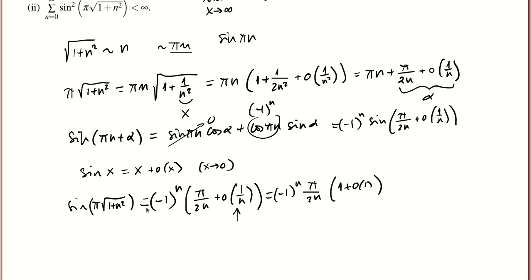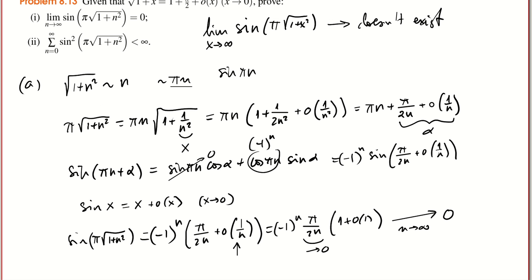All right. o of 1 is something that goes to 0, and this is clearly a sequence that goes to 0. So this sequence goes to 0 when n goes to infinity. So that's the proof of the first of these two items.